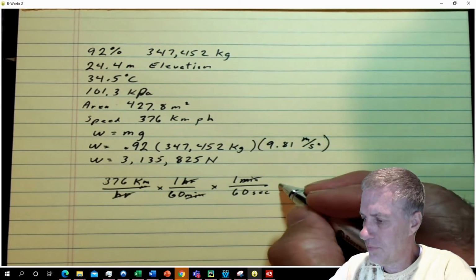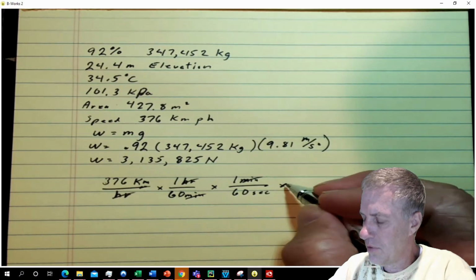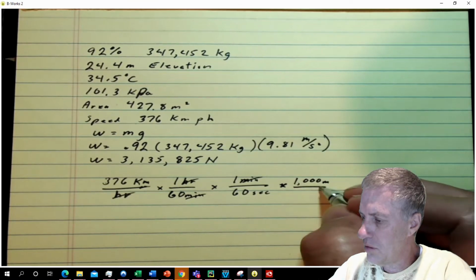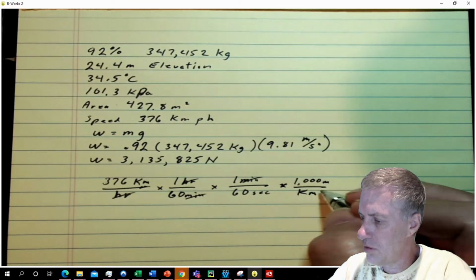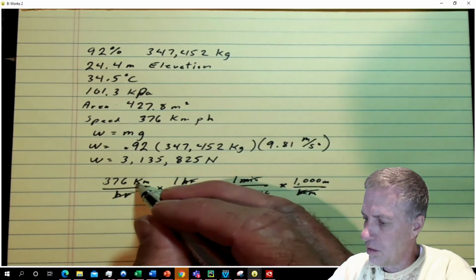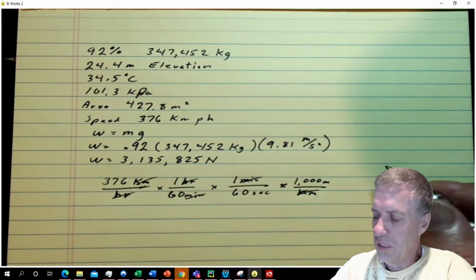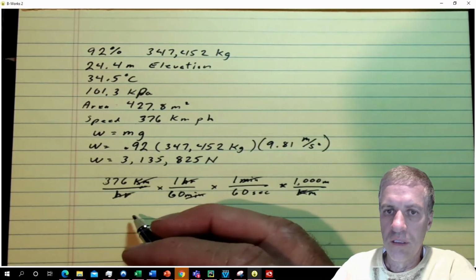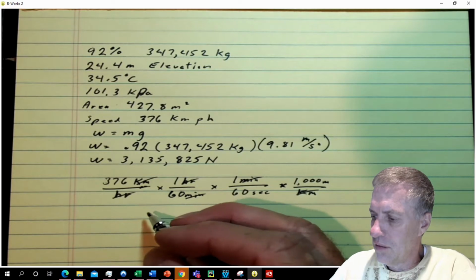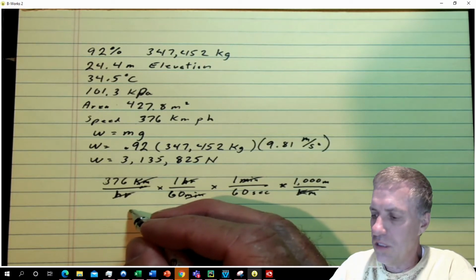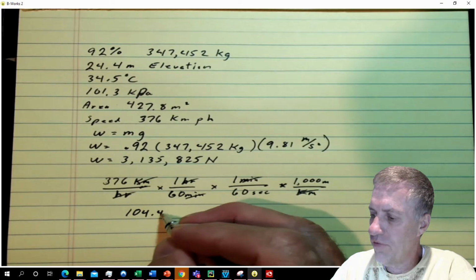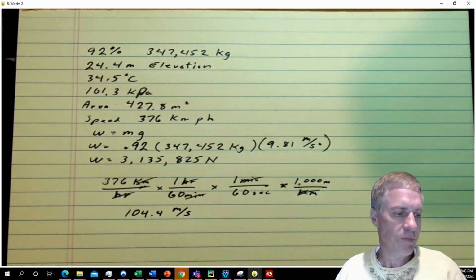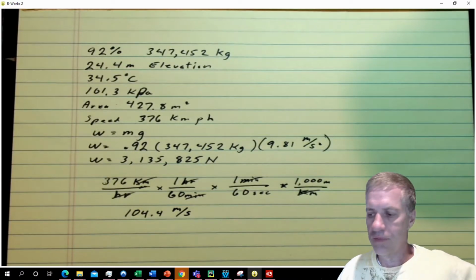That's going to be 1,000 meters in a kilometer, so our kilometers cancel out, and I come out with 104.4 repeating. Okay, so that comes out to be 104.4 meters per second.